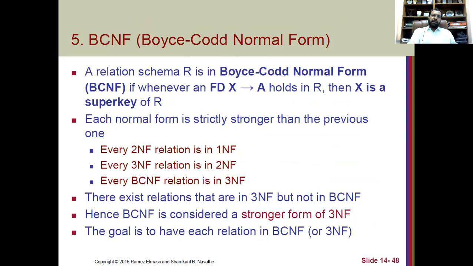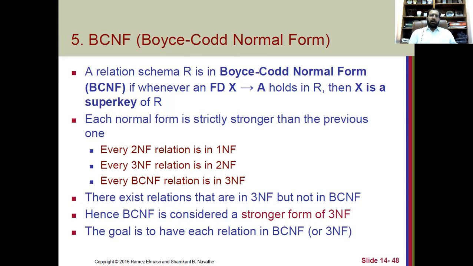Then we have another kind of normal form, which is represented as Boyce-Codd normal form, normally written as BCNF. That is a special kind of normal form. Therefore, it is not numbered. You can say it is a special case of third normal form, which is why it is represented with Boyce-Codd normal form.